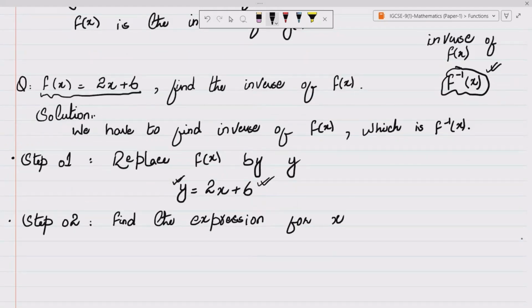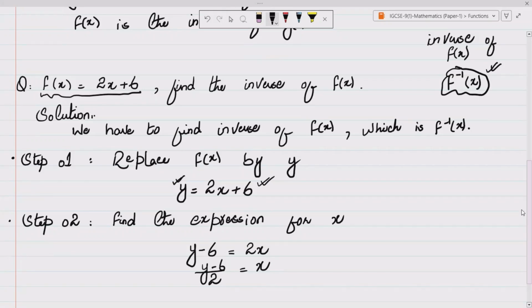So here y, this is plus 6, it goes to the other side. So it becomes y minus 6 equals 2x. Here 2 is multiplying with x, so on the other side it is divided by 2, and this is x.